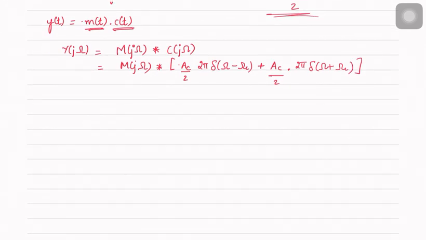When you are convolving with two impulse functions, the 2 gets cancelled, so pi A_c is common: M of j omega minus omega_c plus M of j omega plus omega_c.